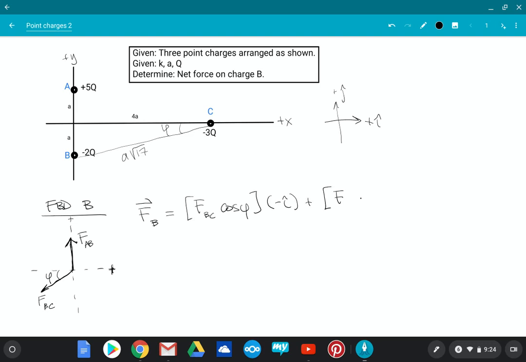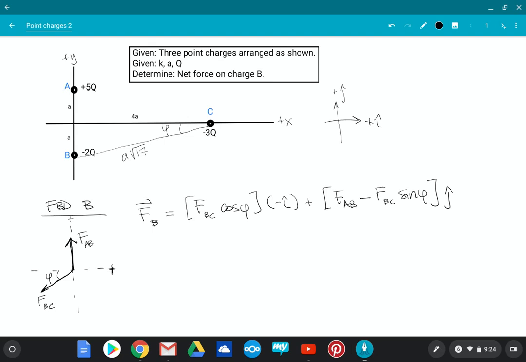And for my y component, I've got force AB, all of that pointing straight up, minus force BC sine phi, and that's in my j hat direction. Now what I need to do is figure out how to sub in for the magnitudes there.